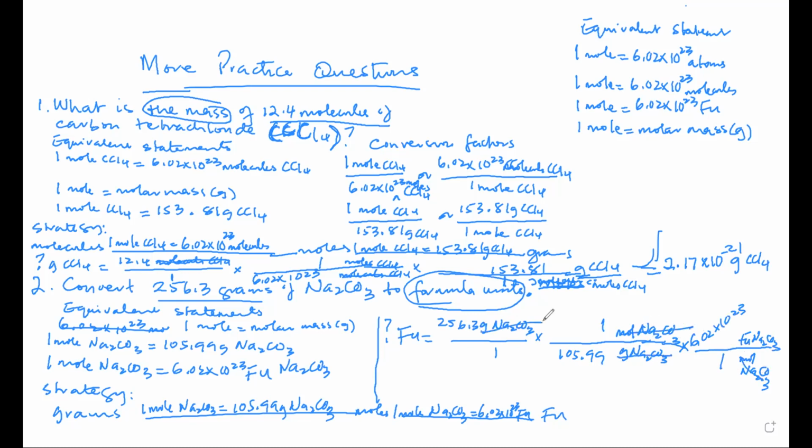And that will be 56.3 times 6.02 times 10 to 23 formula units divided by 105.99, which will give, what's the answer?